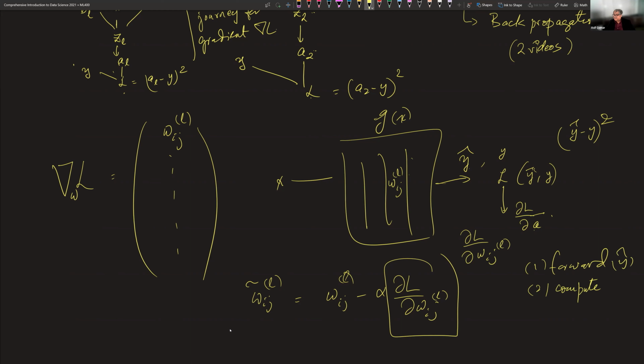Forward will compute y hat. Two, compute loss. Three, compute backprop and compute gradients. Four, the learning step.